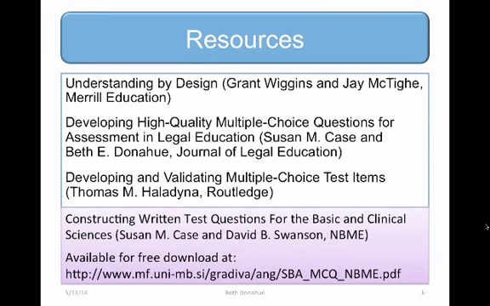Developing high quality multiple choice questions is an old Journal of Legal Education article that I wrote with my mentor, Susan Case, and a relatively new book that's out, Developing and Validating Multiple Choice Test Items. It's rather a long tome of a book, but it's really good, and that is, I think, from 2012, so it's pretty new.